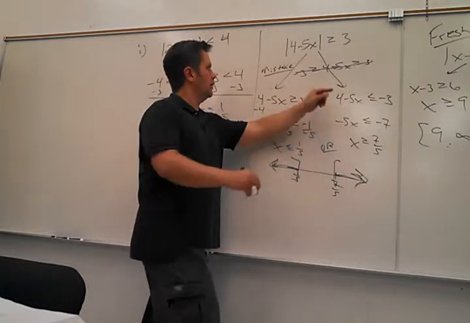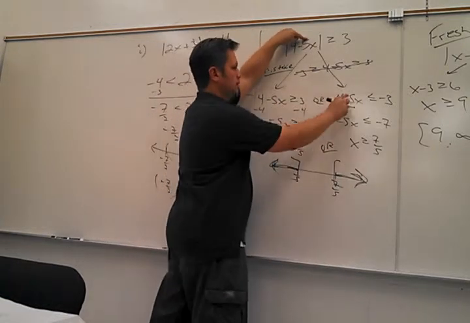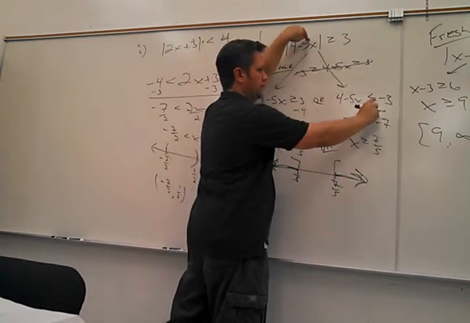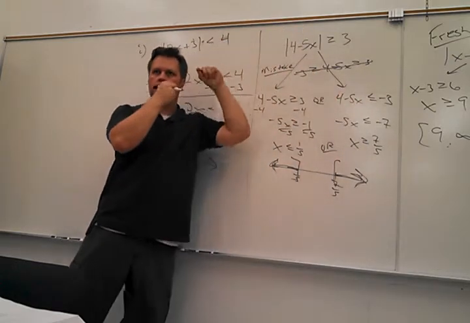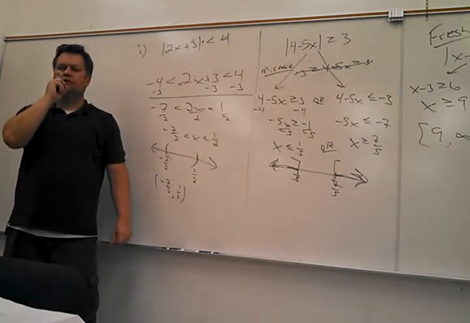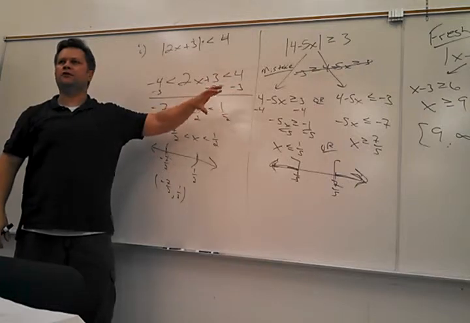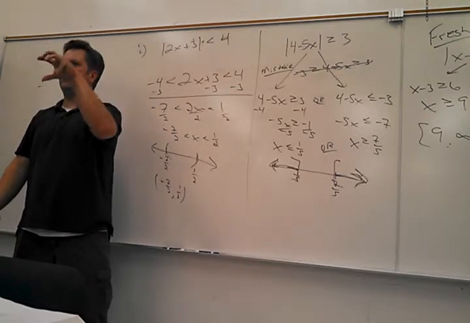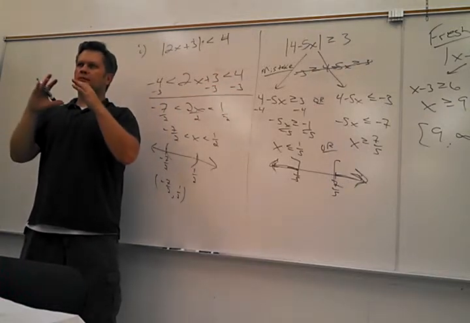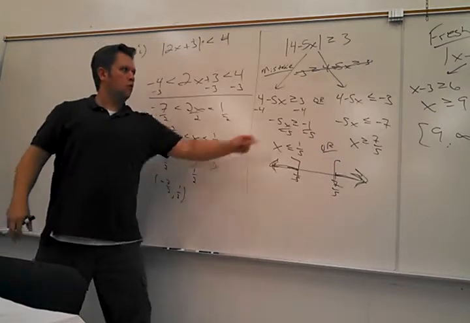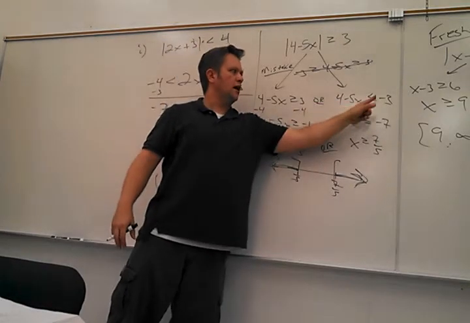Because remember, either this thing is the same or it's the negative of it. And if I divide by negative, the sign has got to switch. So this is sort of a shortcut first step, but I want to make that the way it is so that you don't make some mistakes. But that's why the sign flips. I'm changing the sign, so the sign's got to flip.